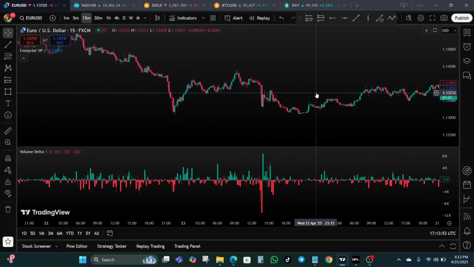Your footprint charts show volume at each price level, and then volume delta reveals the difference between aggressive buying and selling.